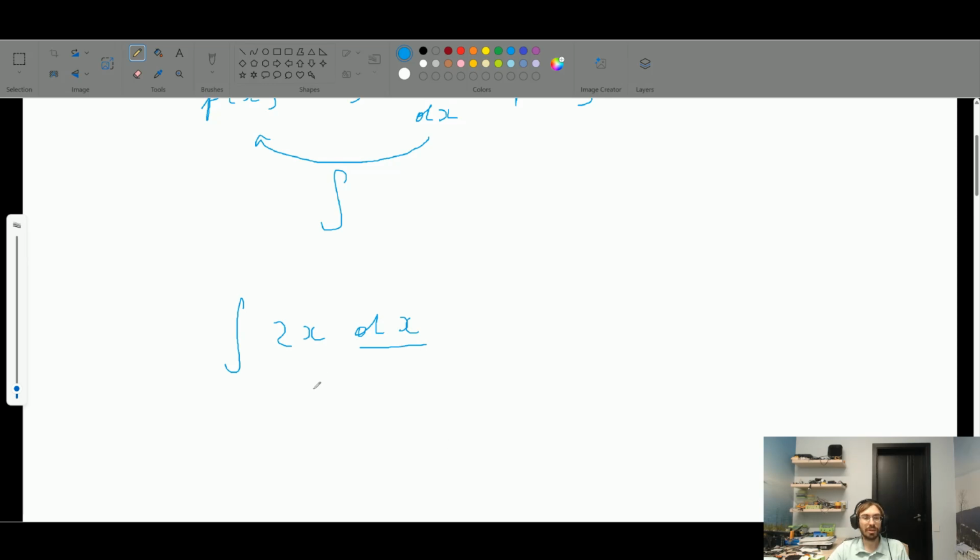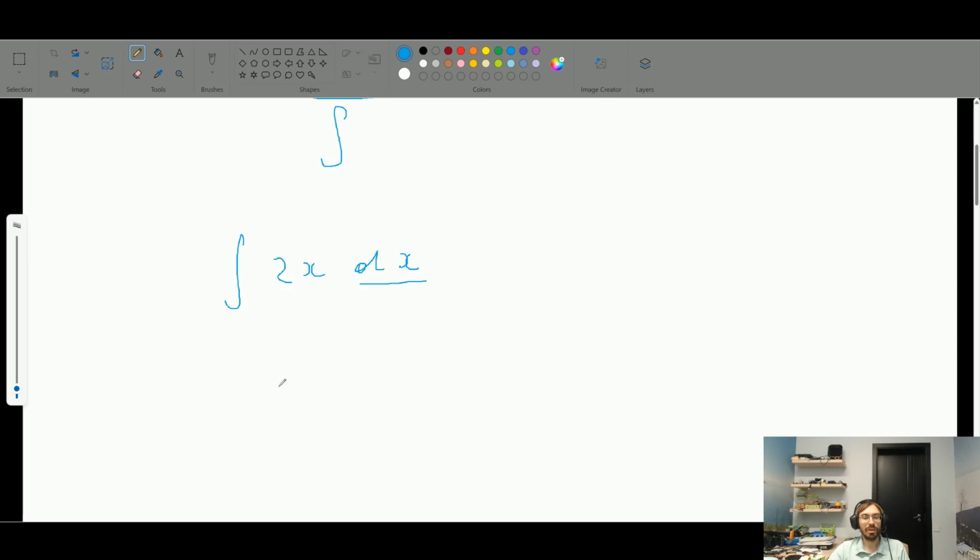Another common question that many people have is about c. What is c? Why do we write it? Do we really need it? And so on. So for example, when you have this integral of 2x dx and you want to solve it, the solution will be x squared. We're going to discuss later why it is x squared, but then plus c.